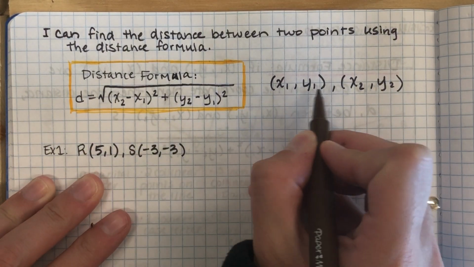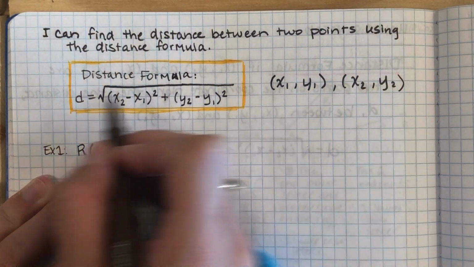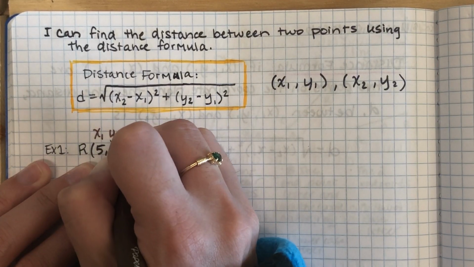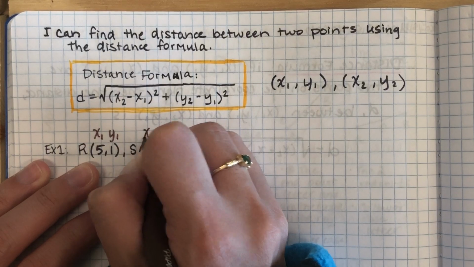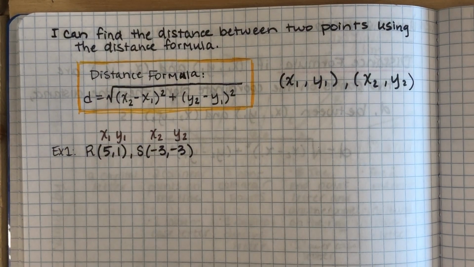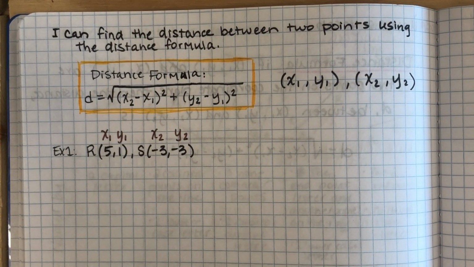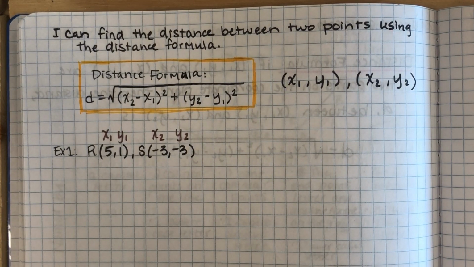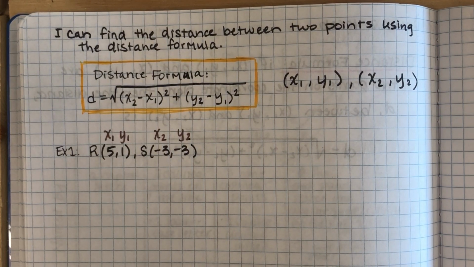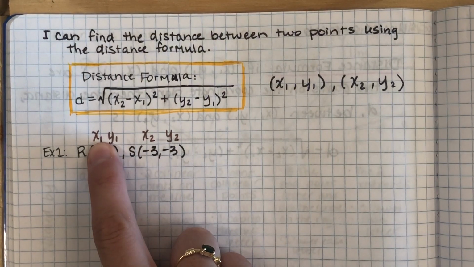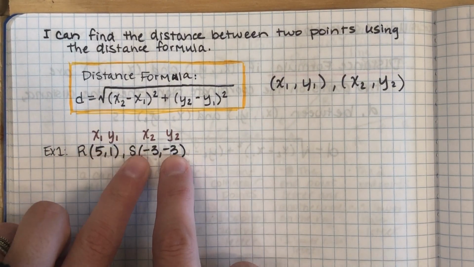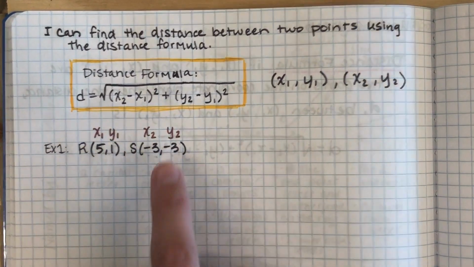So if we refer back to what it should look like, we're going to have x sub 1, y sub 1, x sub 2, y sub 2. And this goes in the same way how we talk about our coordinate points. We have an x and then we have a y when we're talking about coordinate points. In this case, we're just labeling them with these sub numbers to show that, okay, this is our first set of points, this is our second set of points.